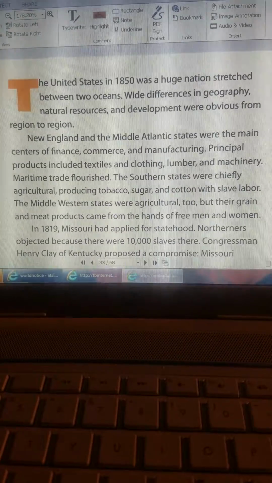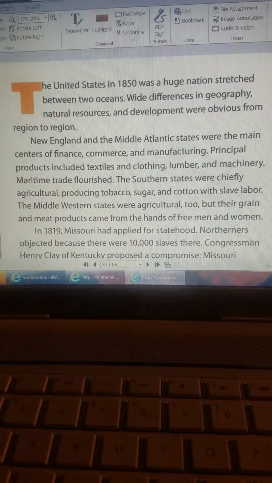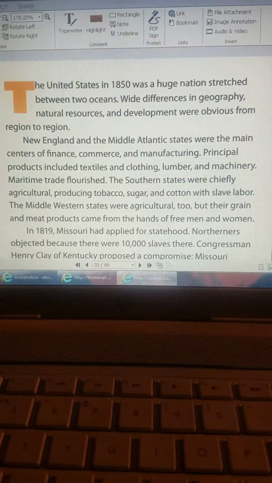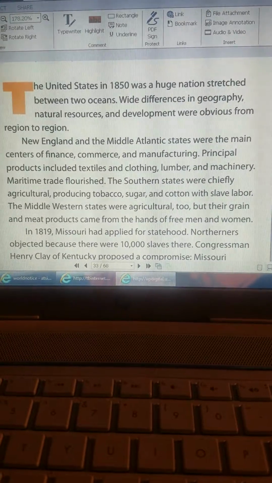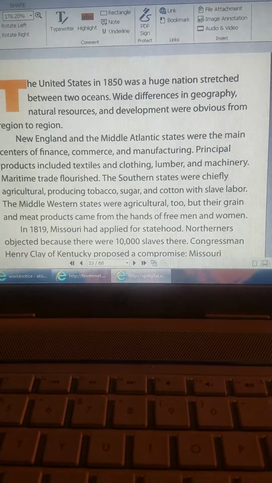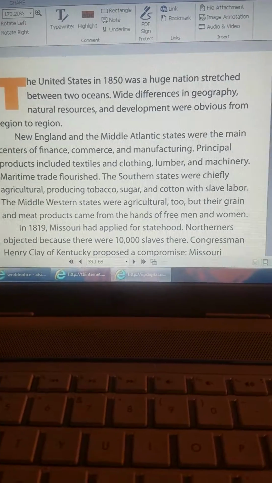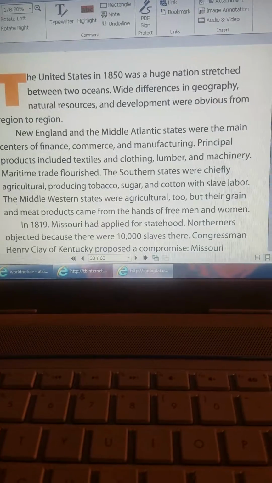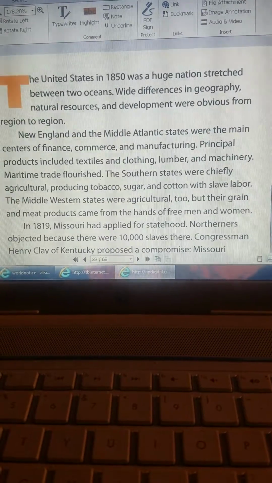Principal products included textiles and clothing, lumber and machinery. Maritime trade flourished. The southern states were chiefly agricultural, producing tobacco, sugar, and cotton with slave labor. The middle western states were agricultural too, but their grain and meat products came from the hands of free men and women.